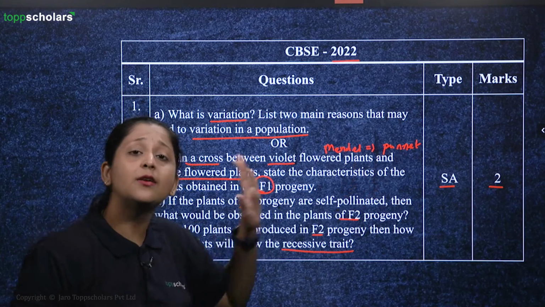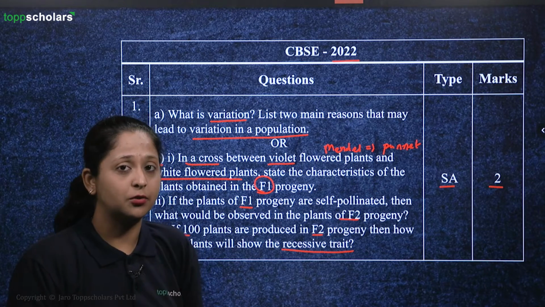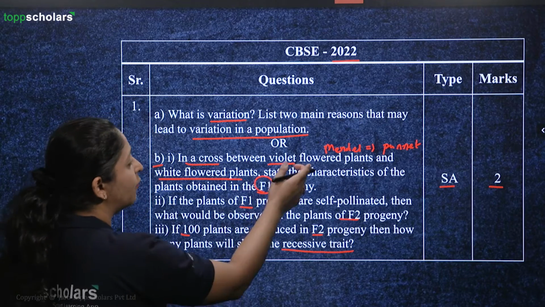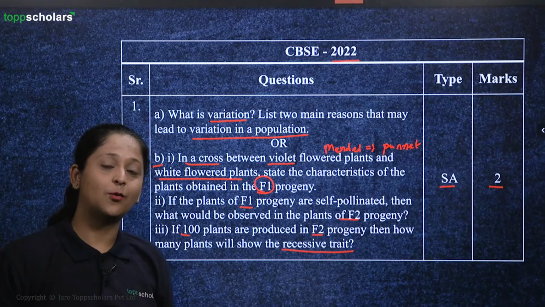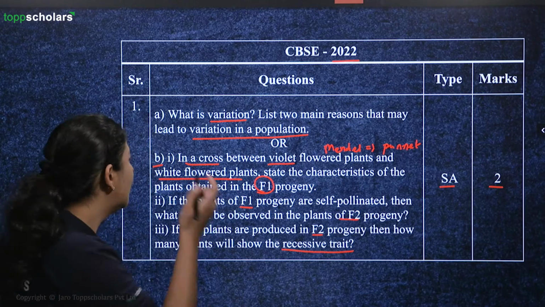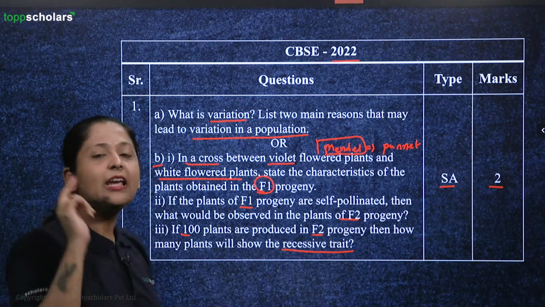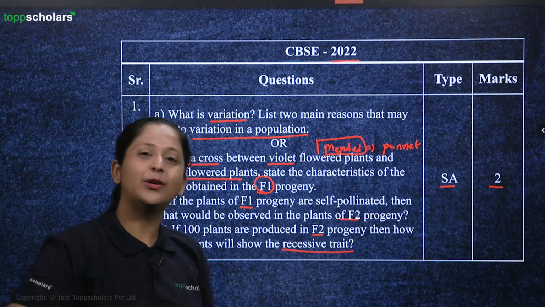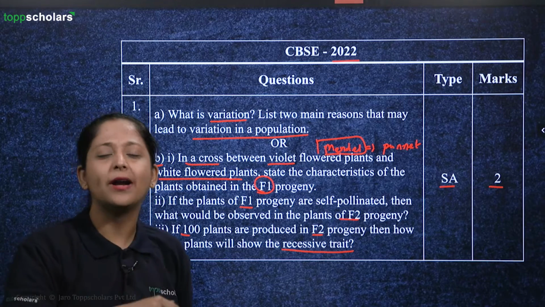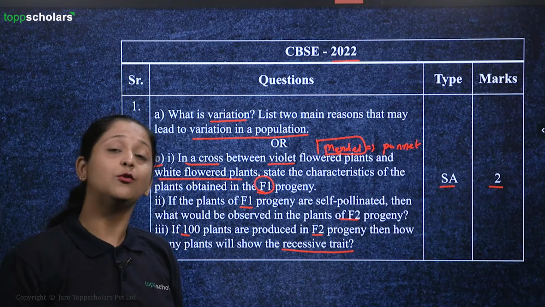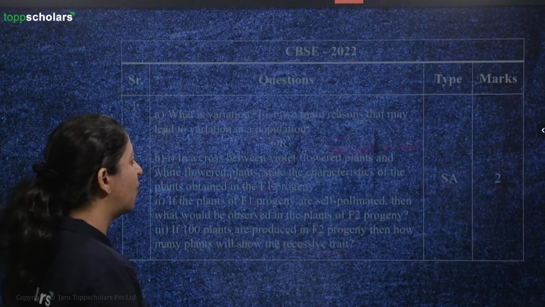Even if you represent it that way, you will definitely get marks because your answer is represented in that Punnett square. So for that, you have to just understand the cross. If you understand from all of the questions that we have solved, second thing, knowing the Mendel's cross is also very important. If you just know how to do that, you can answer any question. Any type of question, no matter what characteristics they give you, you will be able to answer them. So Mendel's cross is also very, very important.